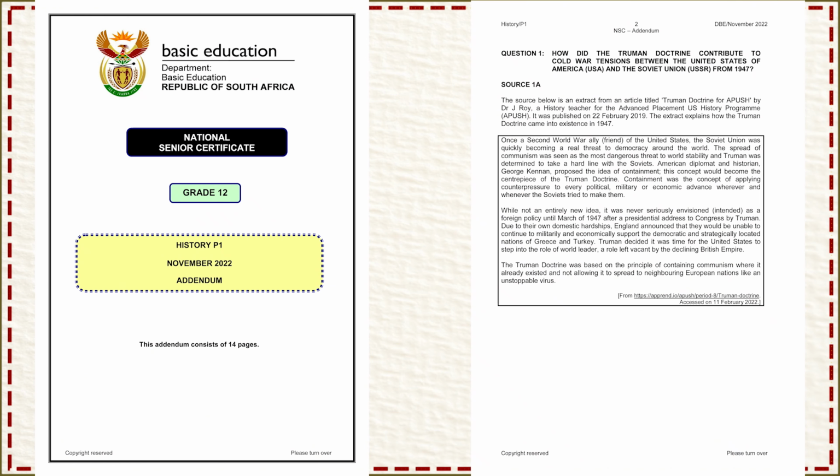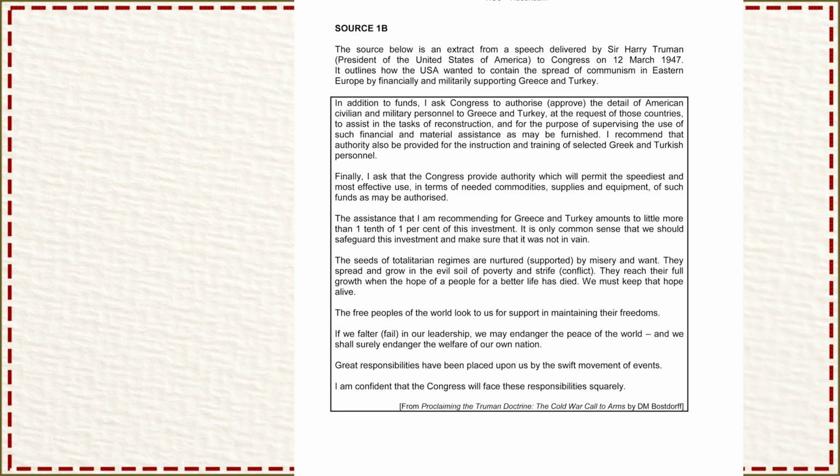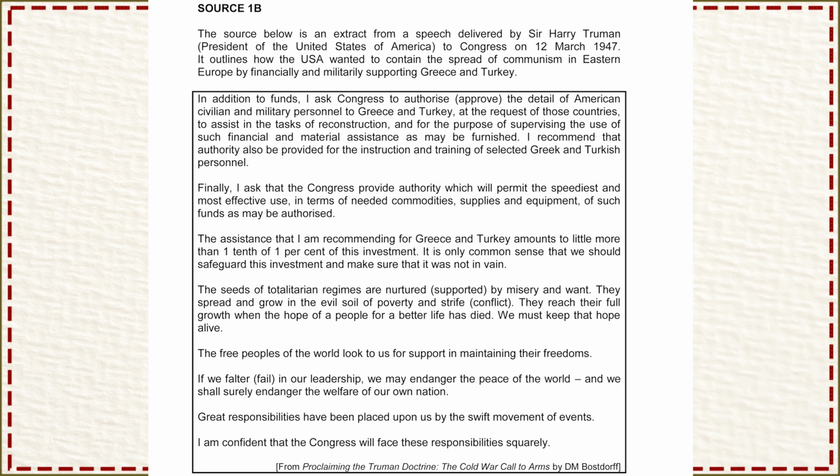DBE exam source. Our source today is Source 1B from the actual November 2022 NSC History Paper 1. It's an extract from a speech delivered by American President Harry Truman to Congress on the 12th of March 1947, a speech that later became known as the Truman Doctrine. In it, Truman asks Congress to approve money and personnel to support Greece and Turkey so they can resist the spread of communism.